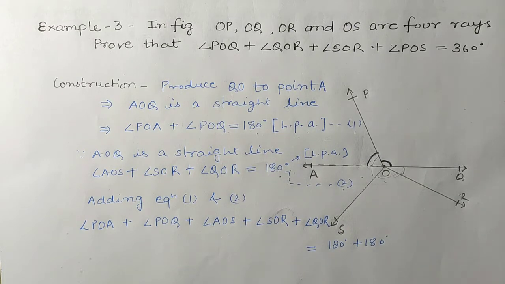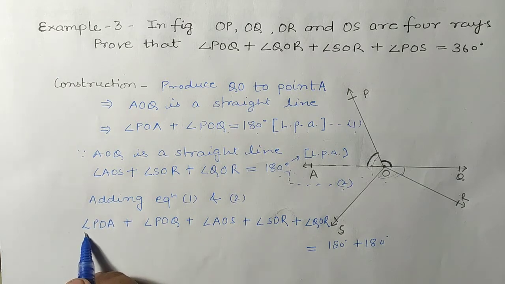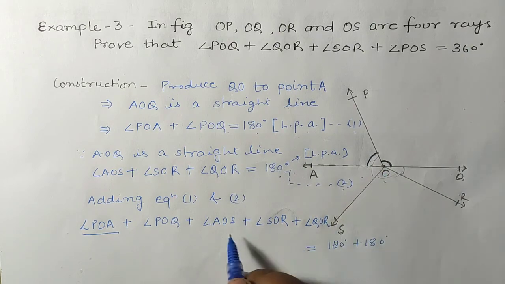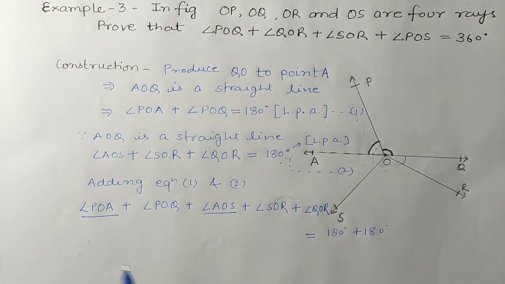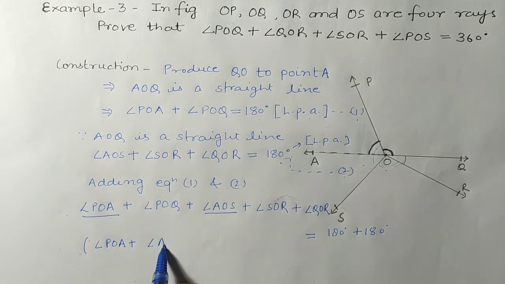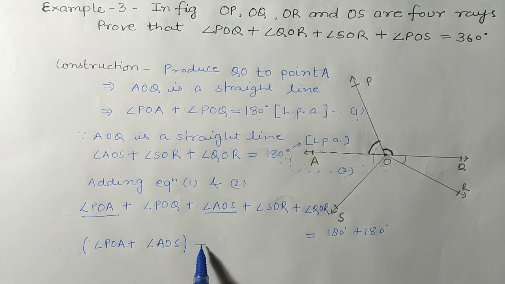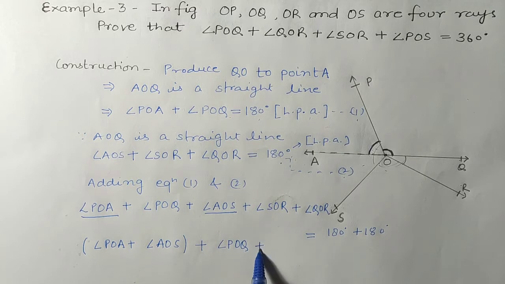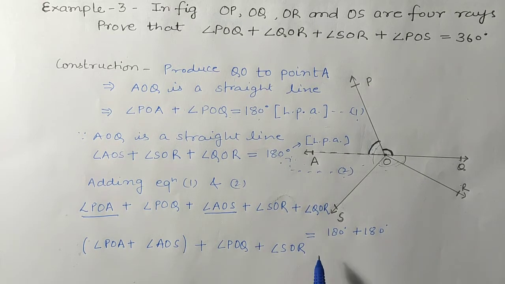Now in the left hand side I am going to write angle POA, this angle, and angle AOS, this angle, with each other, that is angle POA plus angle AOS, and the rest of the angles I am going to write as they were, that is angle POQ plus angle SOR plus angle QOR.